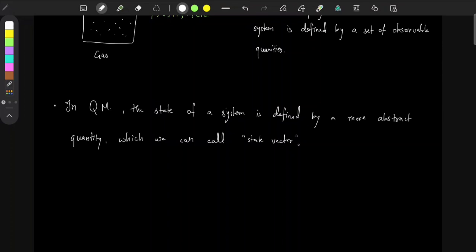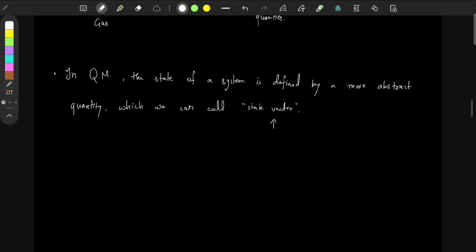Now what is this state vector? It's a vector in Hilbert space.